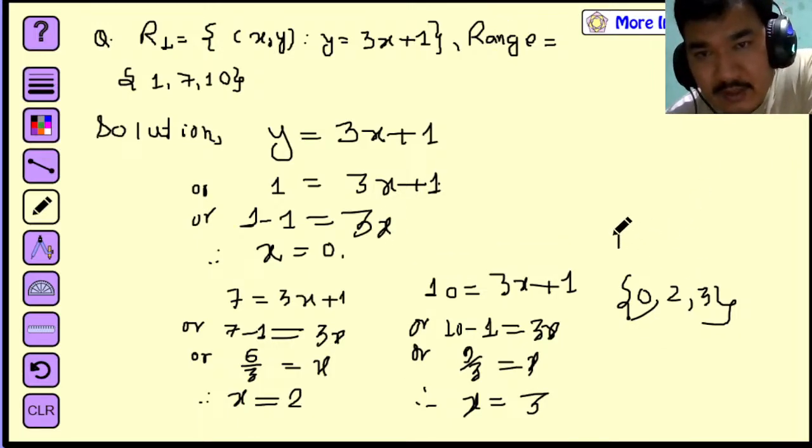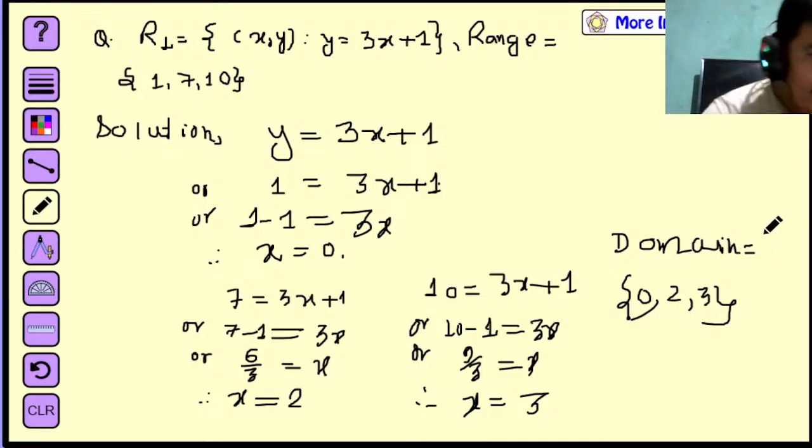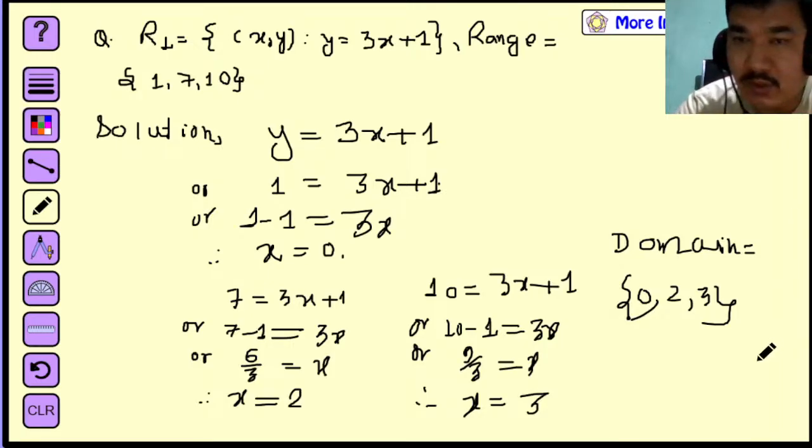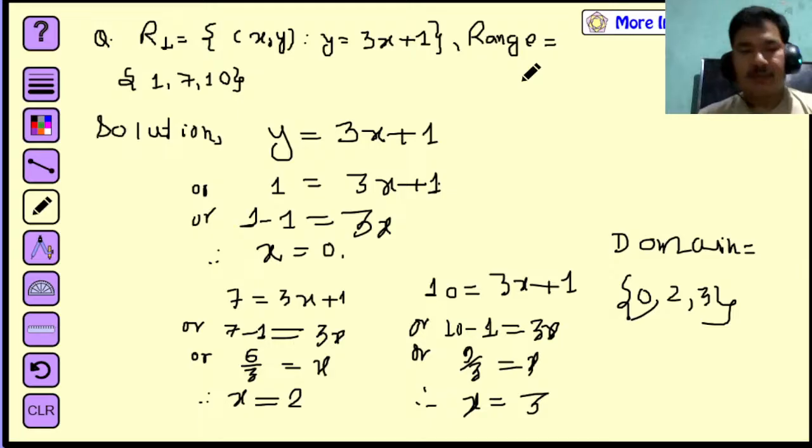So the domain equals the set {0, 2, 3}. We found the values of x. Here x is the domain and y is the range. This is the way to find the domain of the function when the range is given.